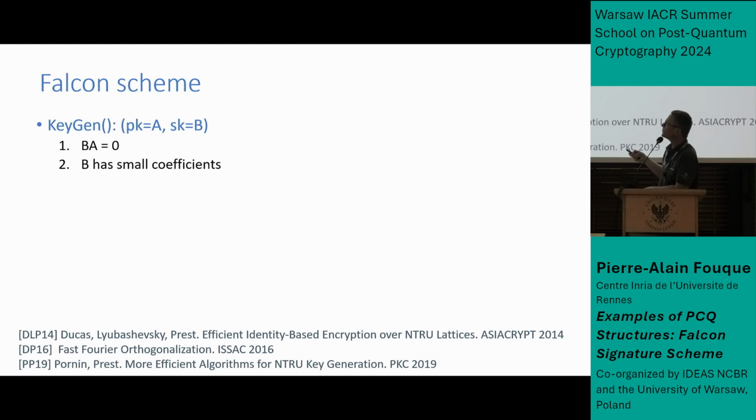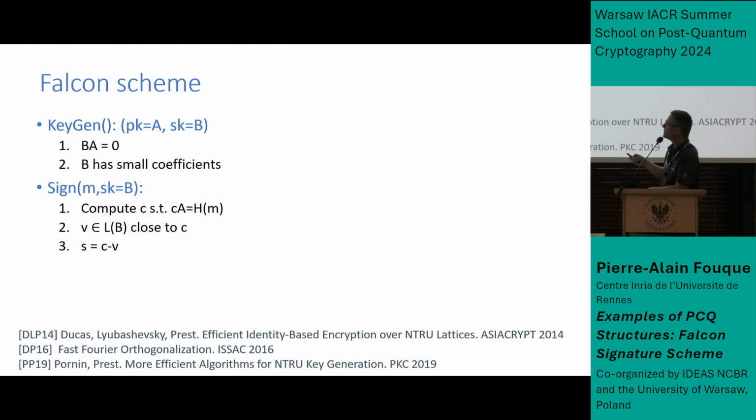And in fact, so the relationship between the two is that B gives you some short vector in the kernel of this matrix if you look at the transpose of A. Okay, so this is some trapdoor for the matrix A, and B has small coefficients.